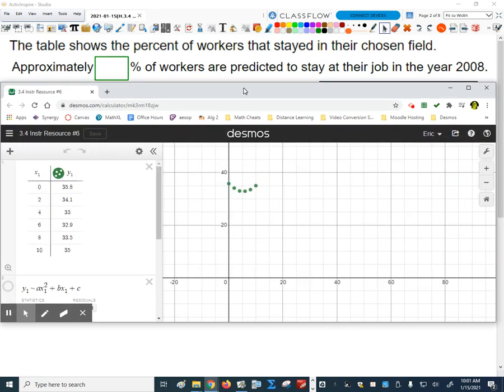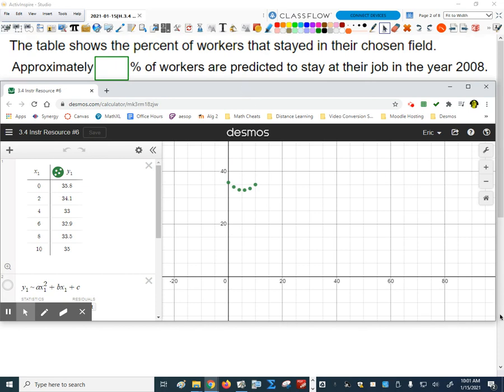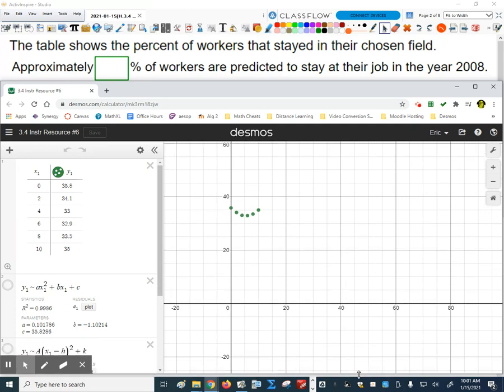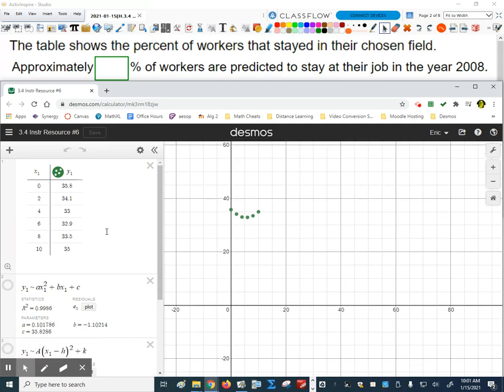Okay, I've just transcribed all the information in that data table onto, as we did last time, this table, and I let x1 be the number of years since 1990, and there's all our data. And if we look at the profile of that data, that's pretty clearly not linear, right? It looks quadratic.